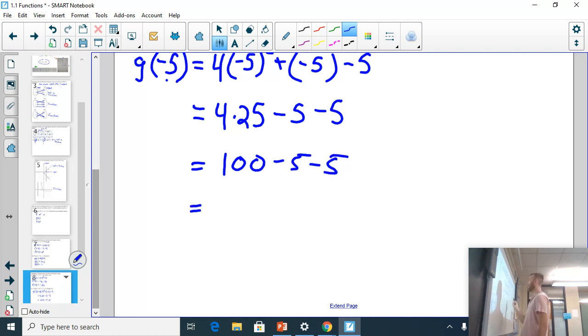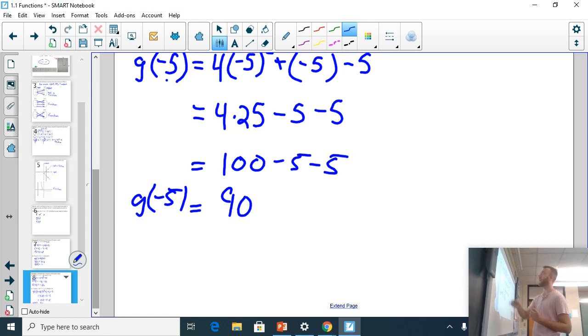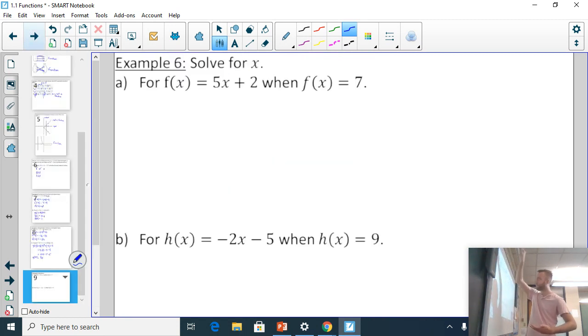That's 100 minus 5, which is 95, minus 5, which is 90. So we have g of negative 5 equals 90. So not too bad. That just means plugging something in for x and finding out what it equals. And again, how we would read this is g of negative 5 equals 90. That's how you say it out loud.